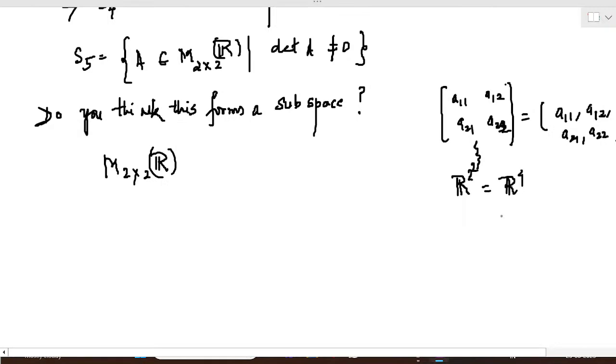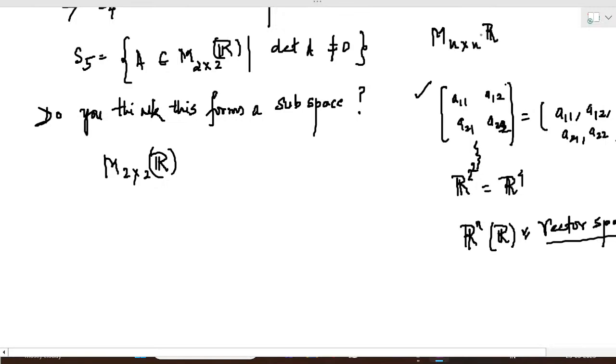And we know that Rn forms a vector space over R. I can give a derivation for this also, but just relate this matrix to this, and you know that Rn forms a vector space here. Since Rn forms a vector space, clearly this would also form a vector space. So always remember that the set of matrices with real entries n cross n always forms a vector space.